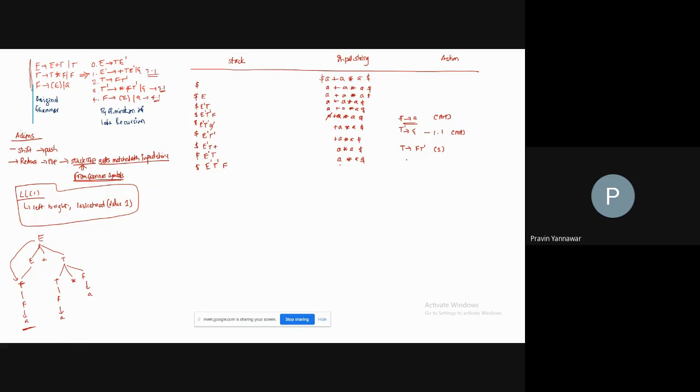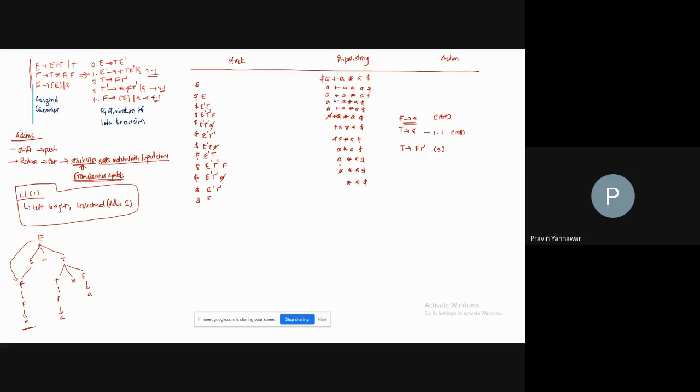So we are going to reduce here, so this is cut, this is cut. Now dollar E dash T dash A, and A star A dollar, so this is going to be popped off, right? So what is left is dollar E dash T dash star A dollar. And we know that for T dash, now it is star, so T dash implies FT dash.